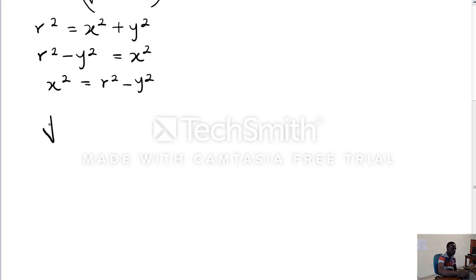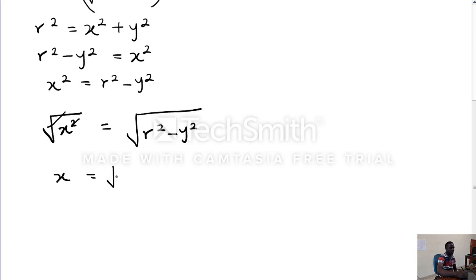So square root of x squared will be equal to square root of r squared minus y squared. And just like I told you, square will neutralize square root, leaving us with x is equal to square root of r squared minus y squared.